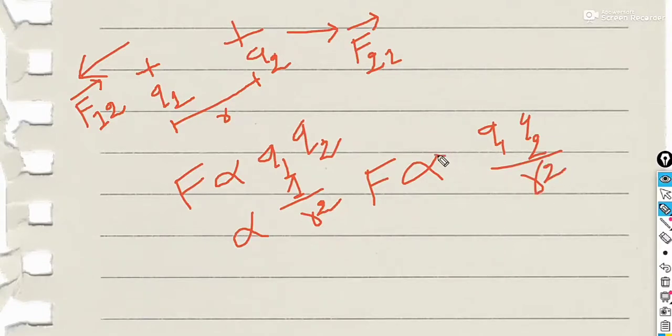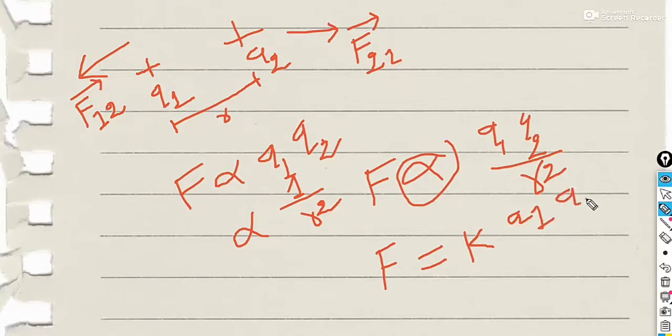If we remove the proportionality sign, there will be a constant. So F is equal to K, the constant of proportionality, generally related to the dielectric constant, which is a property of the medium, times q1 q2 divided by r square.